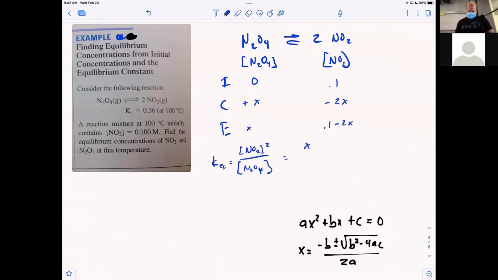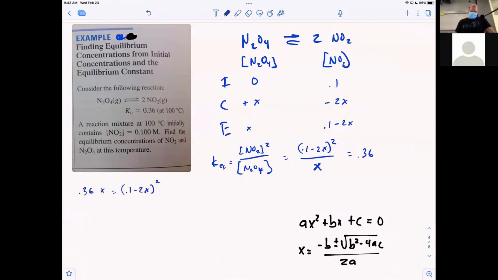Equals 0.1 minus 2x squared over x equals 0.36. And this is one of those, oh crud, time to do the quadratic equation. So 0.36x equals 0.1 minus 2x squared.